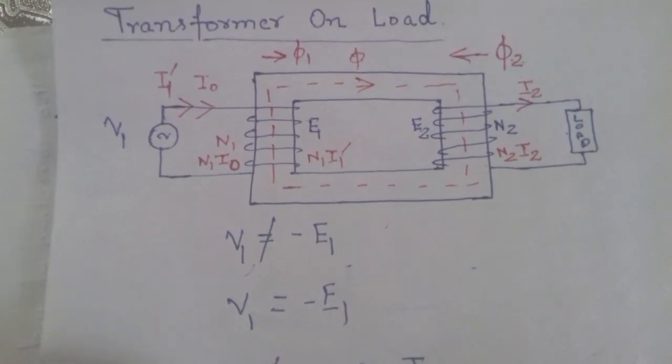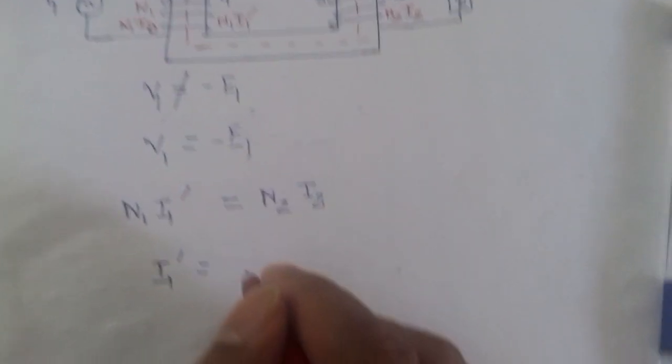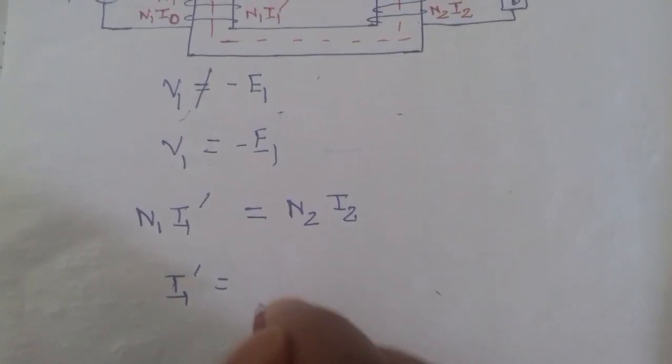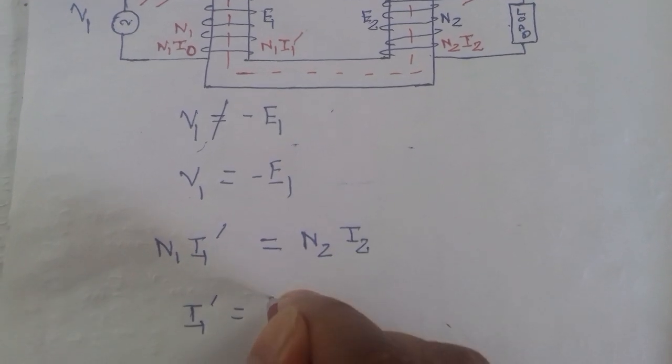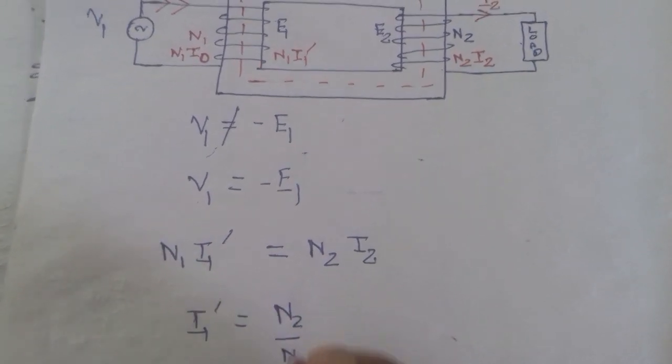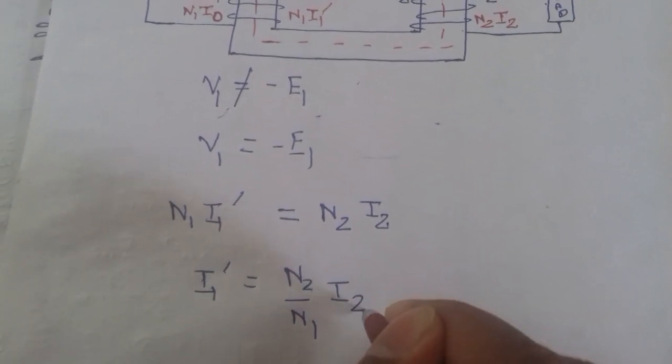So from here I1 dash is equal to N2 by N1 into I2.